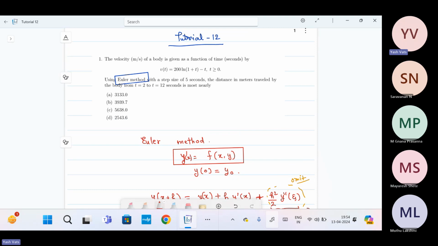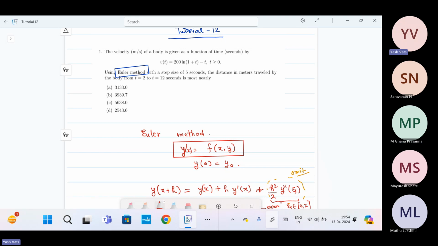The velocity of a body is given as a function of time by this. Using the Euler method with a step size of 5 seconds, the distance in meters traveled by the body from t equal to 0 to t equal to n seconds is most nearly. So V(t) is given to us and the distance in meters. What is the equation basically?